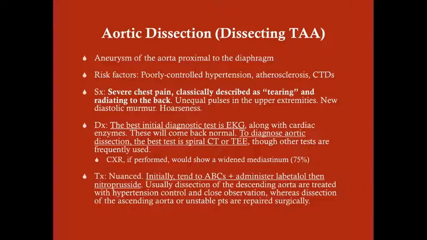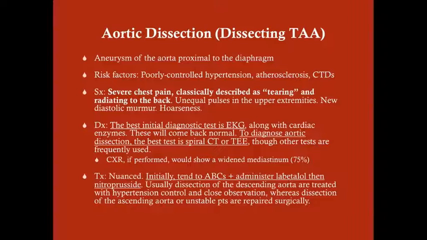I would go with the transesophageal echocardiogram if I had to choose between the two, but you'll probably only get one of those to choose from. And then there are other tests that are used. MRI may be used, but these are the two best.